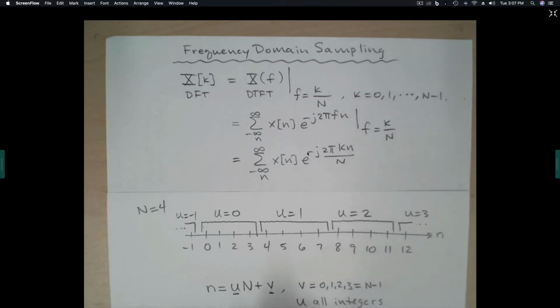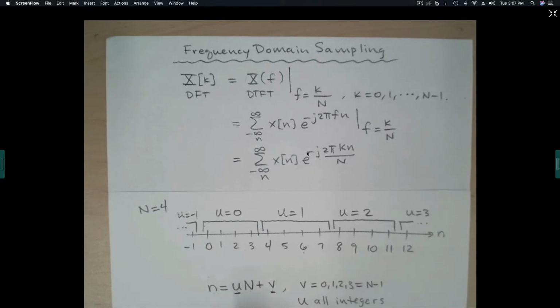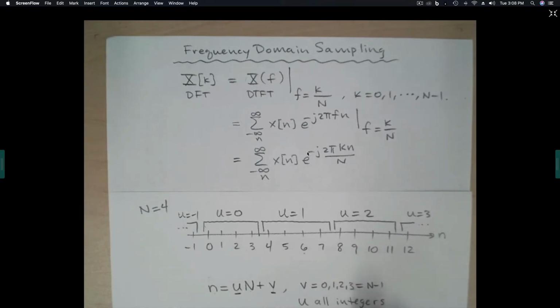And this is a unique change of variables. For any given value of n, let's say 6, there's a unique pair of numbers, u and v, that gives us the value 6. How do we find that? Well, u is equal to the floor of n divided by capital N, and v is equal to n modulo capital N. If we plug in little n equals 6, that's 6 divided by 4, which is 1.5.